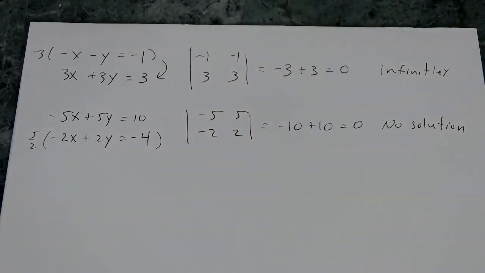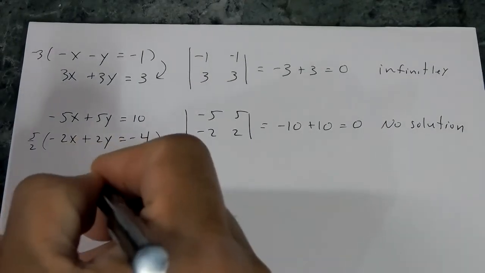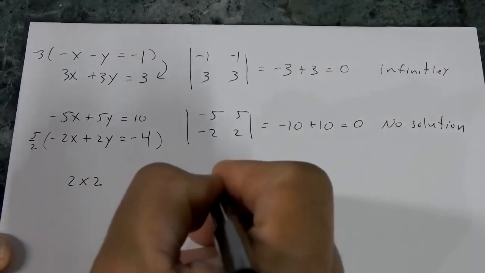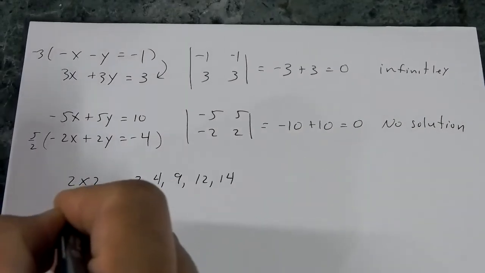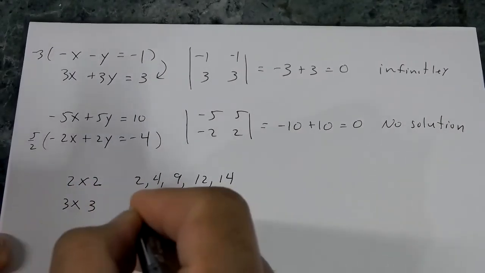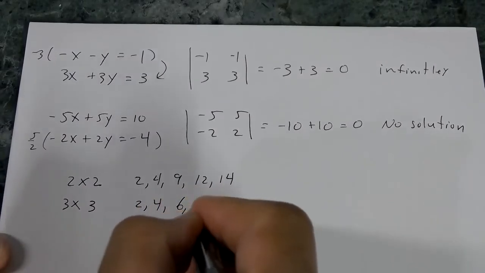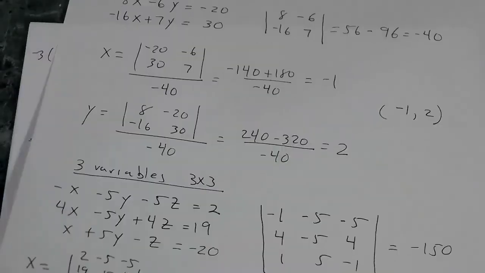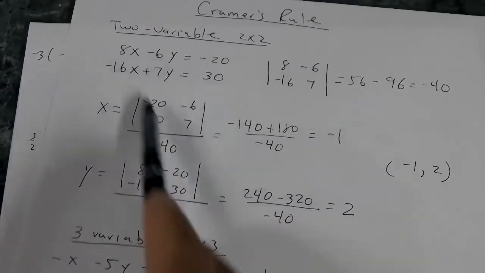Okay, I've got the assignment for you. For the 2x2 worksheet, do problems 2, 4, 9, 12, and 14. And for the 3x3, do 2, 4, 6, 14, and 16. I need to see at least these steps right here.